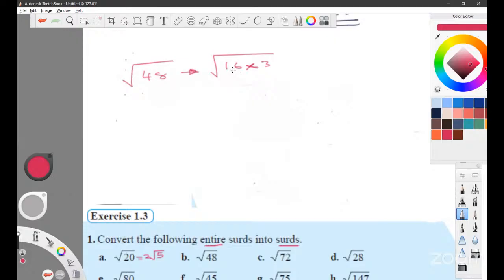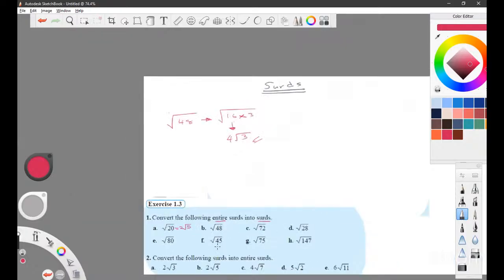You can write this as 24 times 2, 12 times 4, but you don't get any perfect square numbers, right? So 16 times 3 makes a perfect square number. Sorry, 16 is a perfect square number. So we can write it as 4 root 3. 4 root 3. So I'll write the answer here.